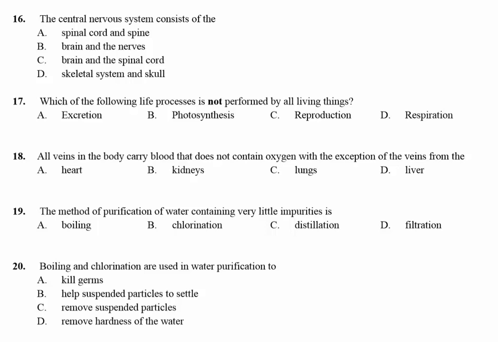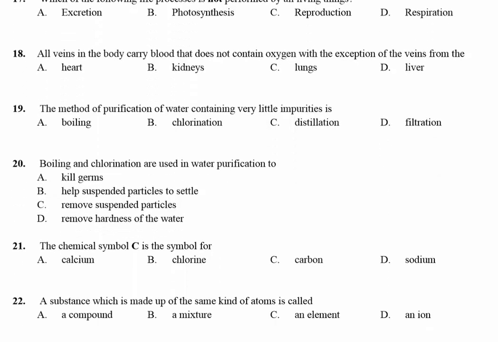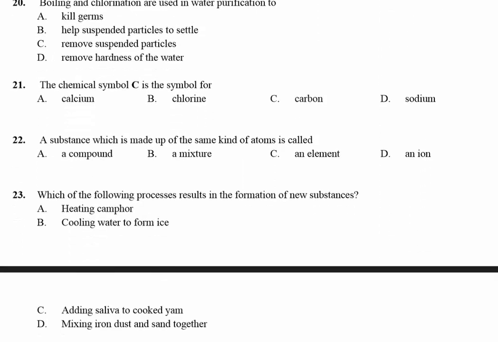Boiling and chlorination are used in water purification to, A, kill germs. Question 21. The chemical symbol C is the symbol for carbon. So the answer is C, carbon.